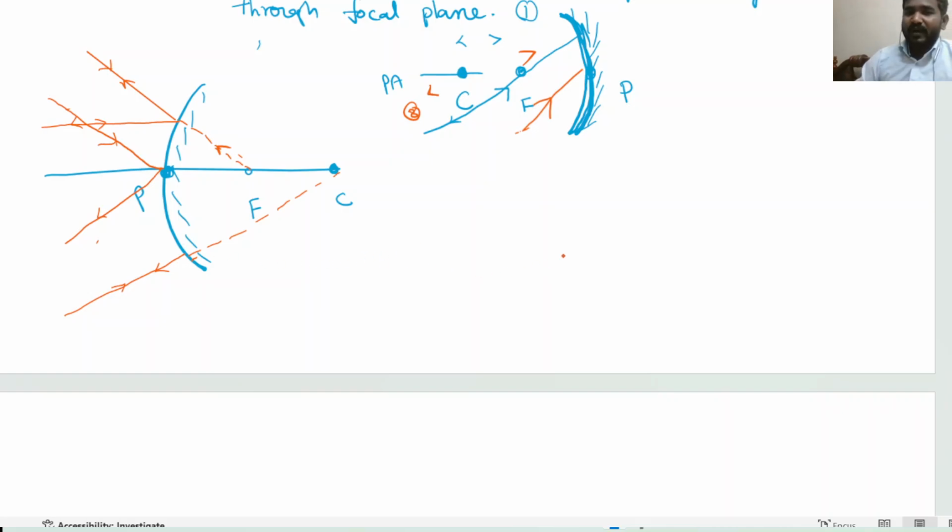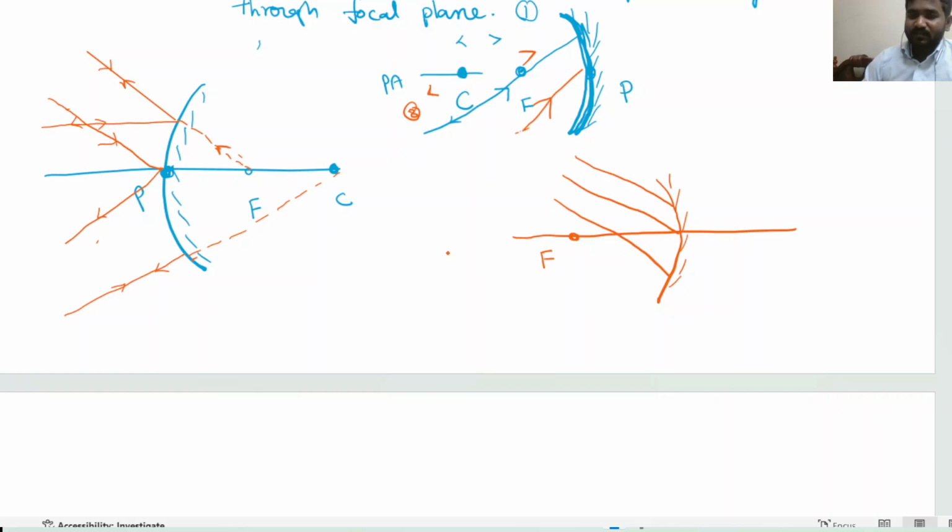And one more point we need to remember: a parallel beam of light. Let us take a concave mirror, and it is our principal axis. A parallel beam of light will be incident on the surface like this. Let us take this as the focus.